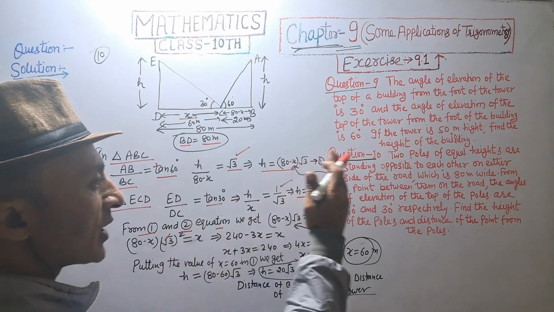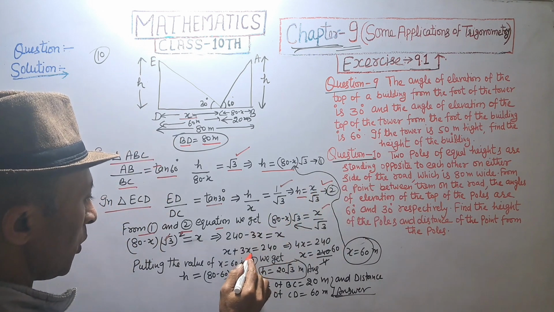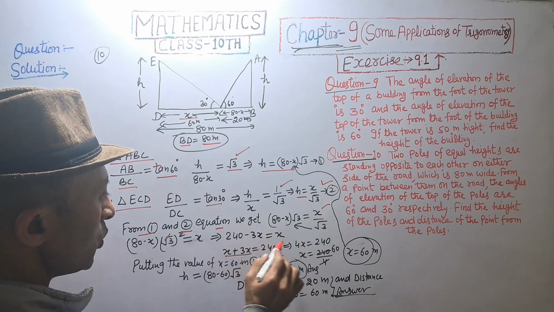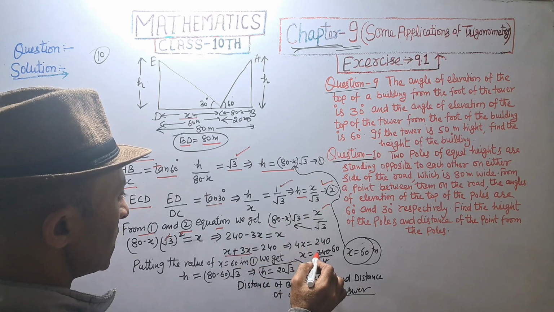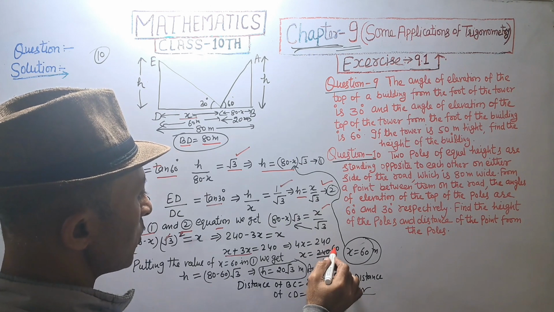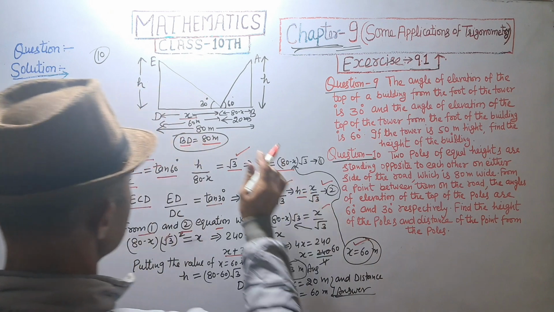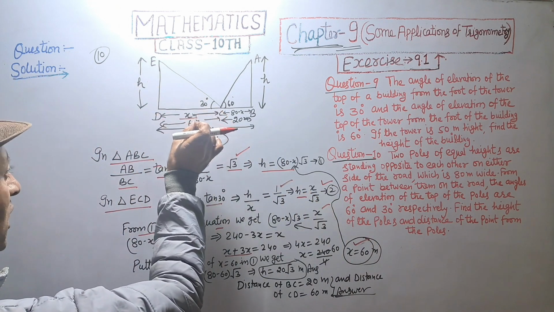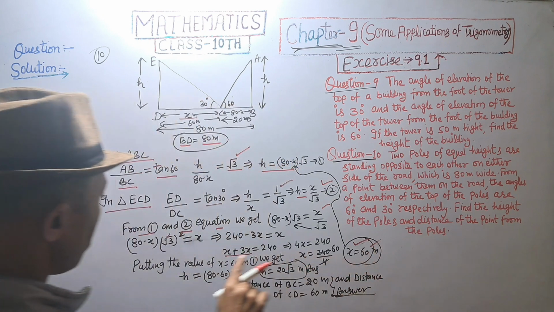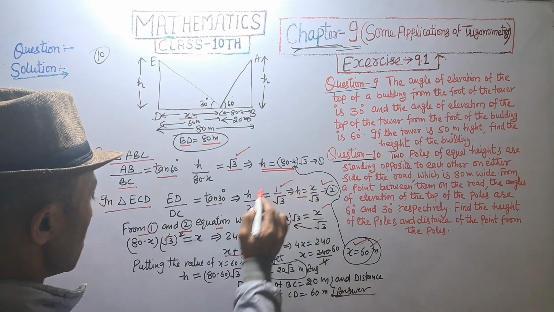We are shifting 3x to the right side, that will be positive 3x plus 1x, that is 4x equal to 240 and x is equal to 240 divided by 4. Six fours are 240. We get the value of x, that is the distance of CD. X is equal to 60 meter. Answer. And we are putting the value of x in equation number first.